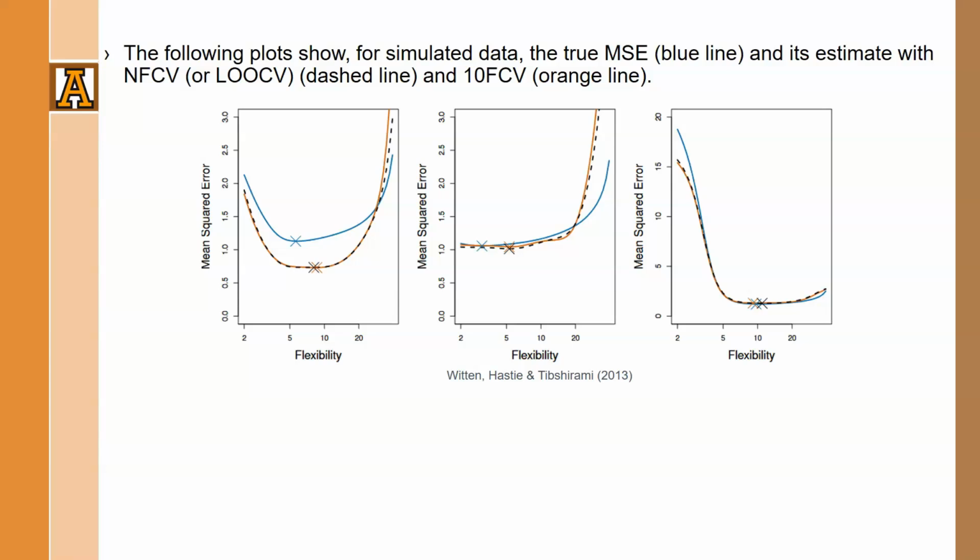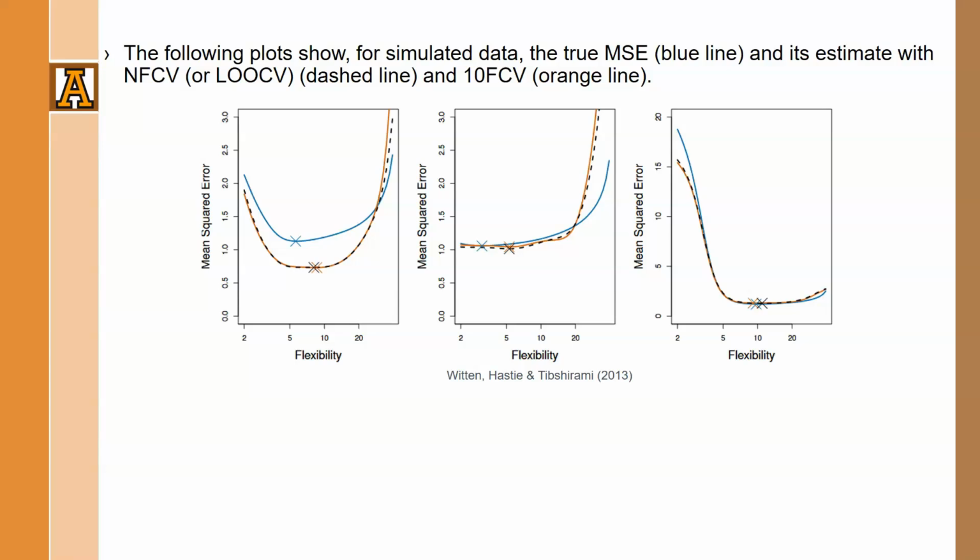So the important thing here is that in all these cases, the values obtained by cross-validation and leave-one-out cross-validation are very similar to the true mean square error. So they provide good estimates of mean square error.